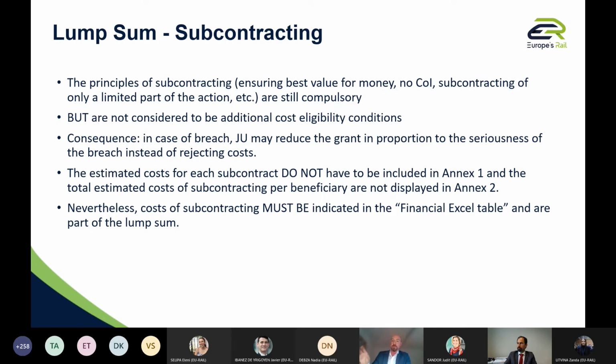So you have yourself this liberty to establish the total amount, and it's not necessary to have the detailed list of it. Nevertheless, the cost of subcontracting must be indicated in the financial Excel table that I was making reference to before, and which is part of the lump sum. So this I will show you how it works. Next slide, please.